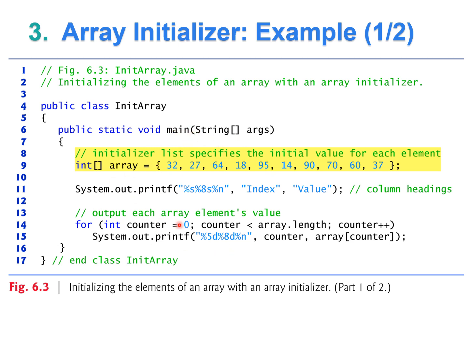In the method main, it declares the variable array, which is an array of type int, and it also uses the array initializer to initialize non-default values for the array's elements. And so this is the list of initialized values. This array has 1, 2, 3, 4, 5, 6, 7, 8, 9, 10. So it has 10 elements.